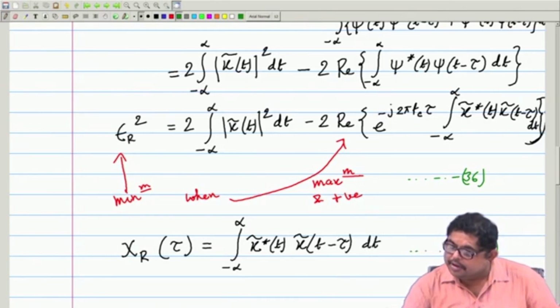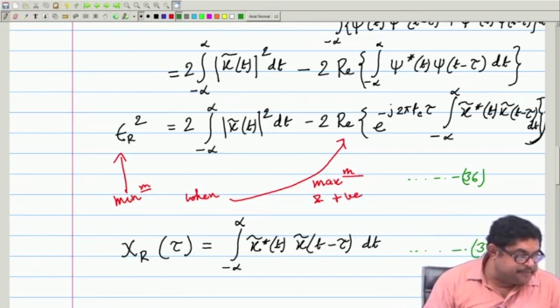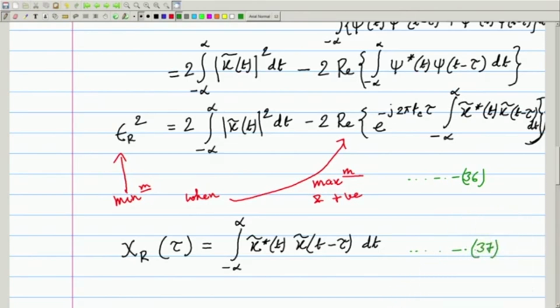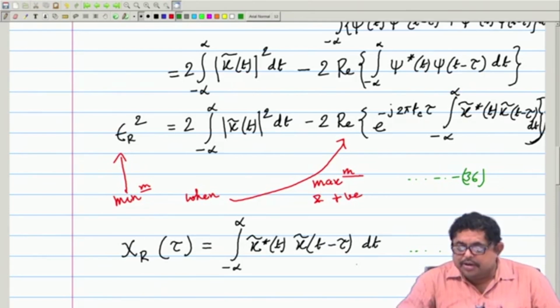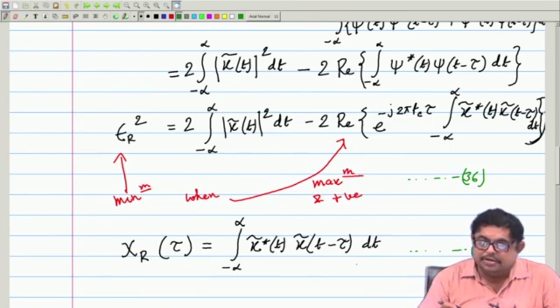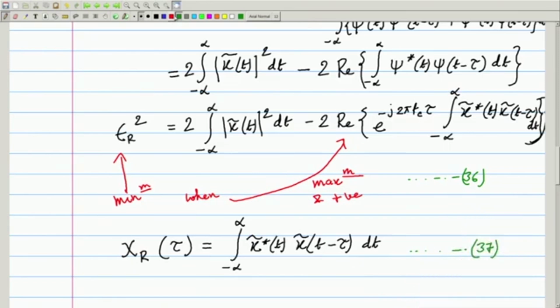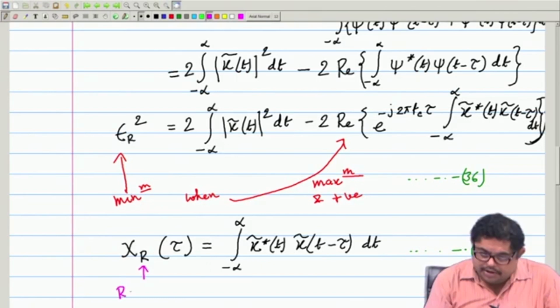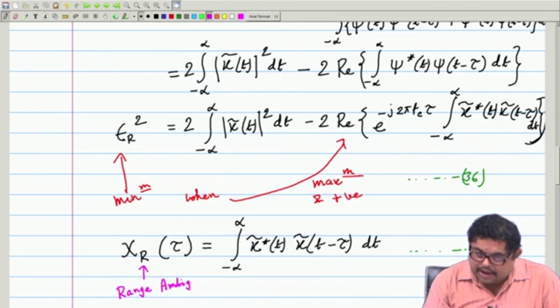This is our equation 37, and this function is called the range ambiguity function.